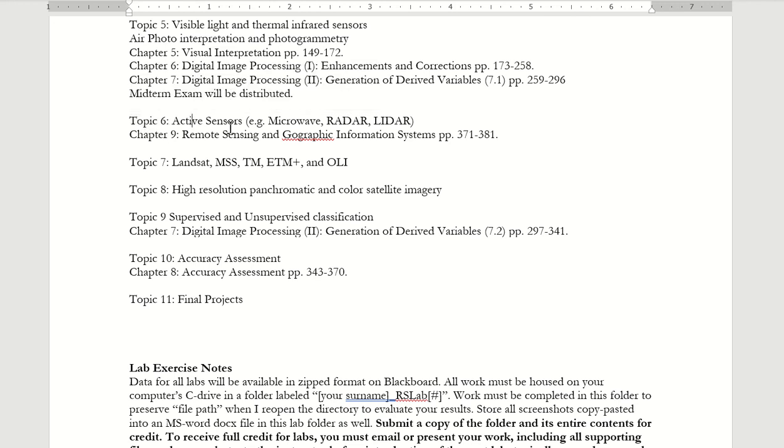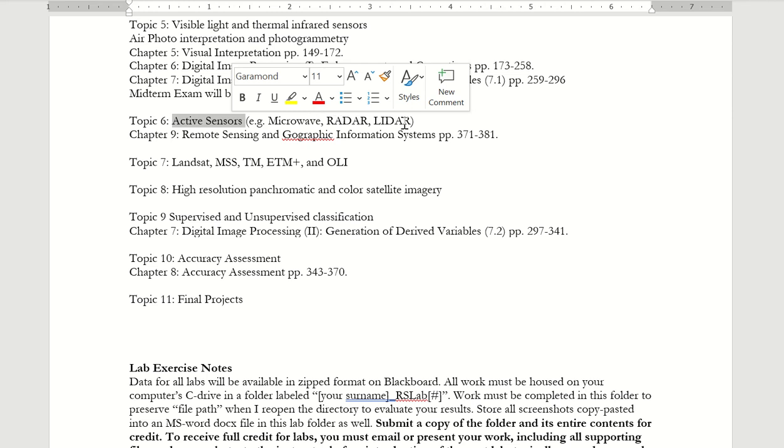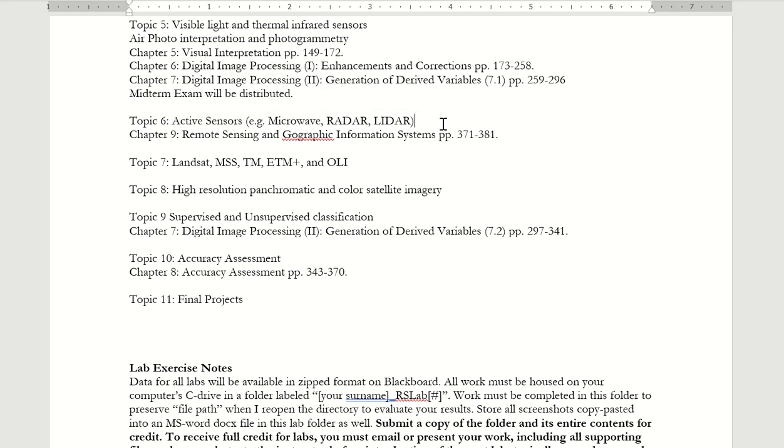After that, we'll get into active sensors. With visible light, what we're looking at is reflected sunlight, thermal being temperature emitted from objects, oftentimes having absorbed sunlight previously. Active sensors, for instance microwave, radar, and LiDAR, are sensors that generate energy themselves. That energy propagates from the sensor, it interacts with matter, and some portion will return to the sensor.